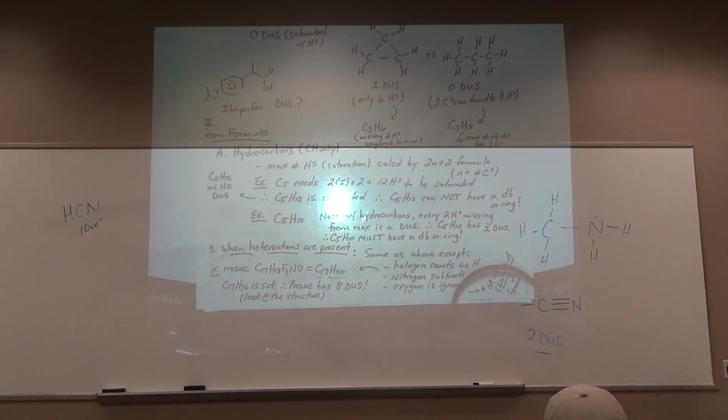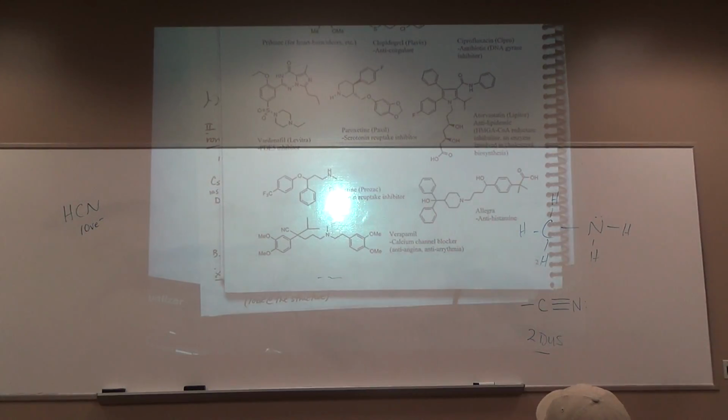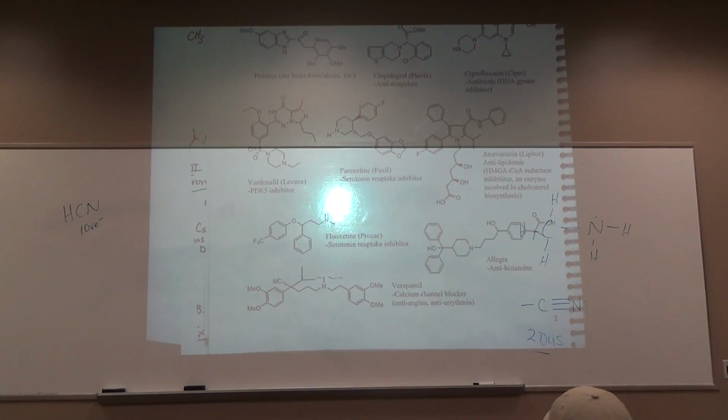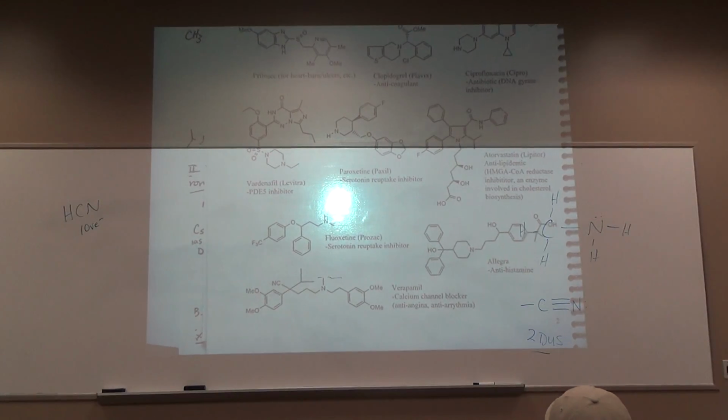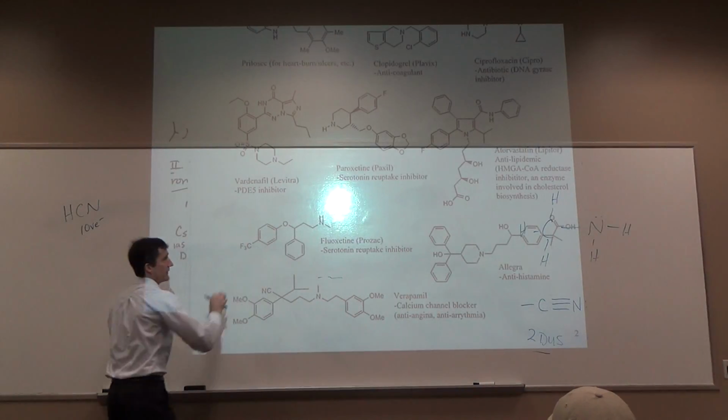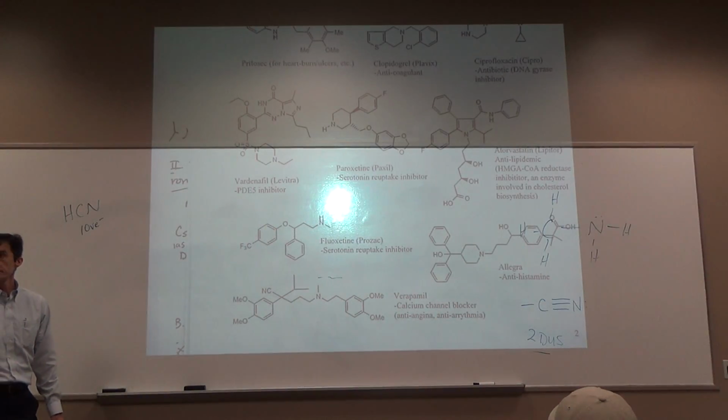Let's look at Prozac. Okay, this is page 2 in the workbook. Lots of questions here, stuff you need to begin working on. Formula, DUS, functional groups. Do you see 8? There's Prozac. Do you see the 8 DUS?